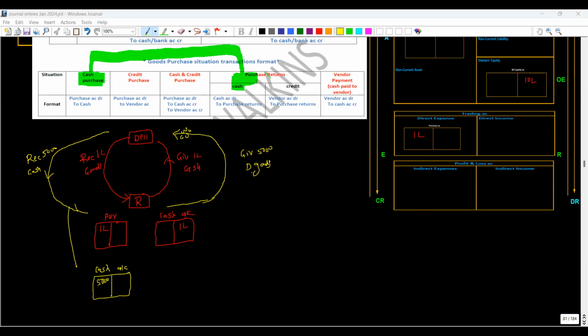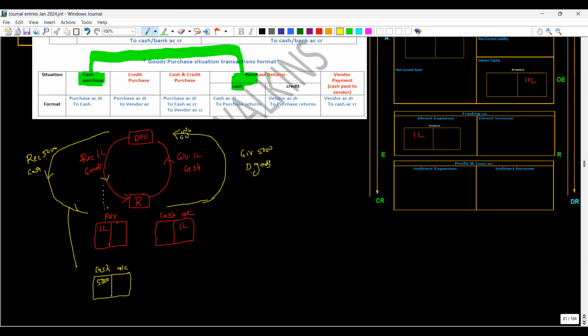Is the company maintaining any account to record the value of damaged goods returned to the Dell company, the supplier? Are we maintaining any account to record the value of goods received into the business? Yes, sir.